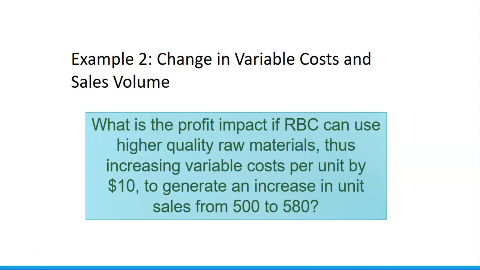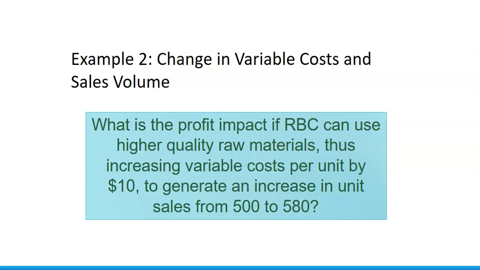In this example, we change our variable cost and the sales volume. We have higher quality materials, therefore we increase our variable cost per unit by $10. That increase in variable cost per unit by $10 is going to decrease our contribution margin that was $200.